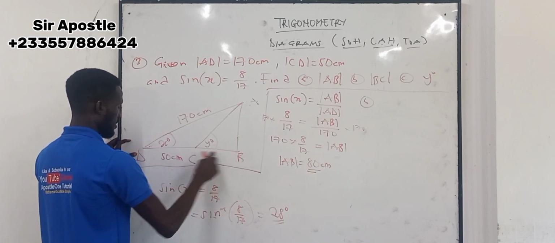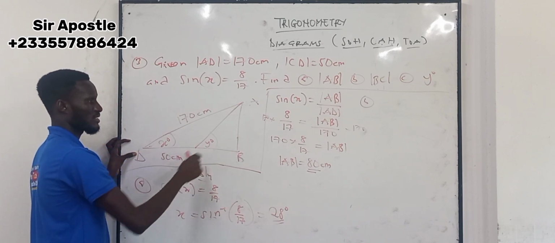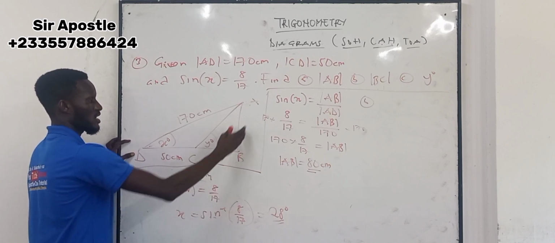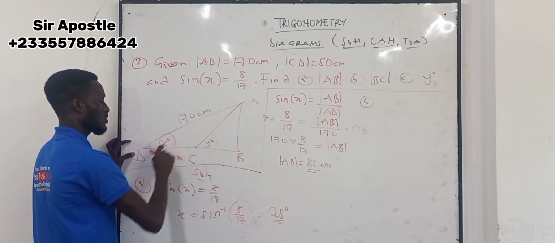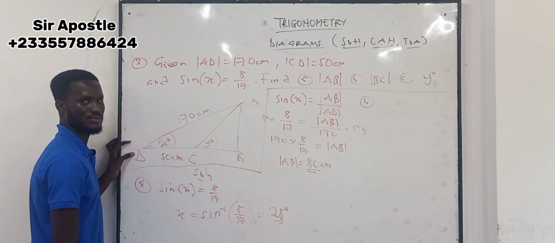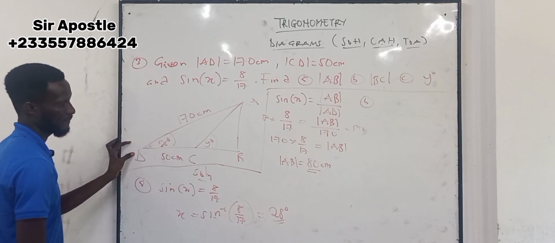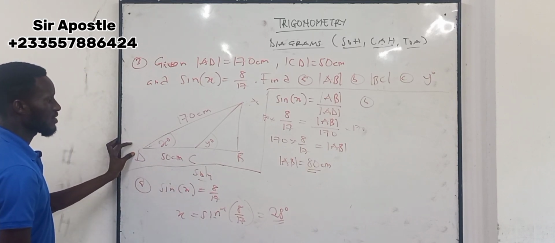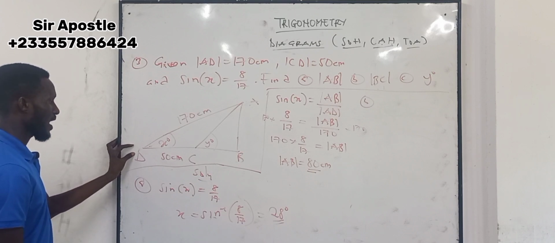So this BD represents the adjacent. Here is the opposite, here is the hypotenuse, the BD is the adjacent. So if I use any of the two ratios, I'll be able to catch up.